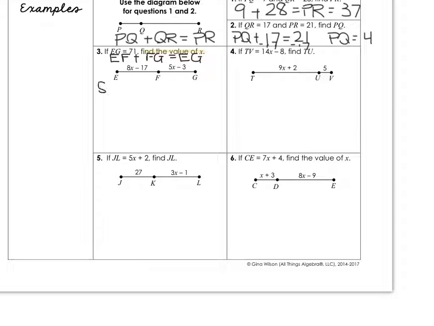EF is 8x minus 17, FG is 5x minus 3, and EG is 71.